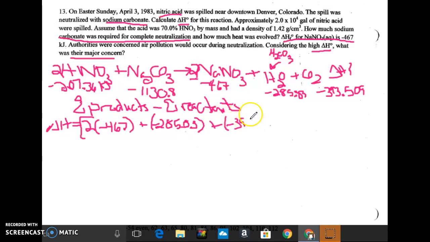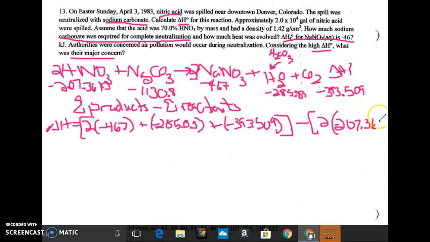And you can subtract these if you don't want to do plus and a negative. Okay, just remember to bracket all of that. You want to get that whole concept going there. And then we're going to do another bracket, so we're going to do 2 times the nitric acid, negative 207.36.